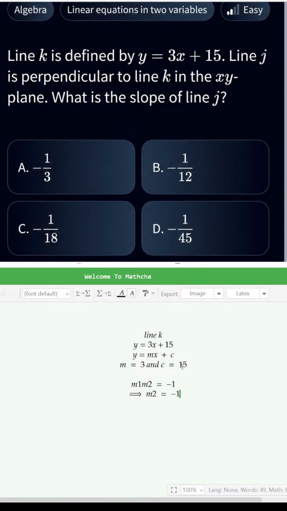will be equal to -1 by m1, which is equal to -1 divided by 3, because the slope of the line is 3.